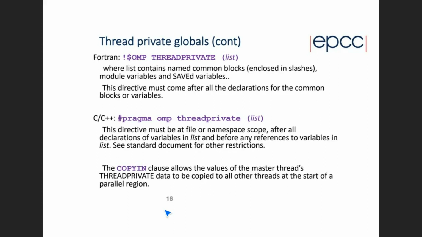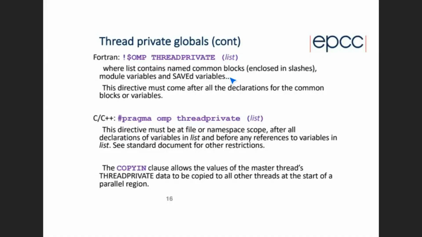This directive is associated with the declarations of the variables rather than their uses, and because they're global variables, it applies to all their uses throughout the program. For Fortran, we can have a list of named common blocks, module variables or saved variables. And basically this directive must come after all the declarations.